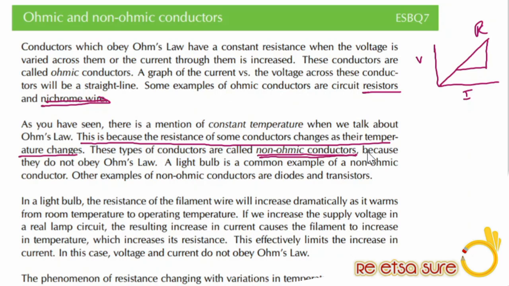Non-ohmic conductors, because they do not obey Ohm's law. A light bulb is a common example of a non-ohmic conductor. Other examples of non-ohmic conductors are diodes and transistors.